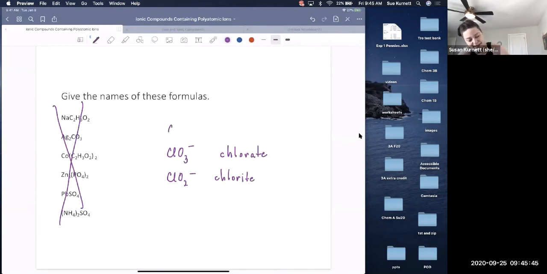There is an oxyanion that has 4 oxygens, and an oxyanion that only has 1. And so the -ate and the -ite still work. This one is going to be related to chlorate, and this one is going to be related to chlorite. But we needed another word.